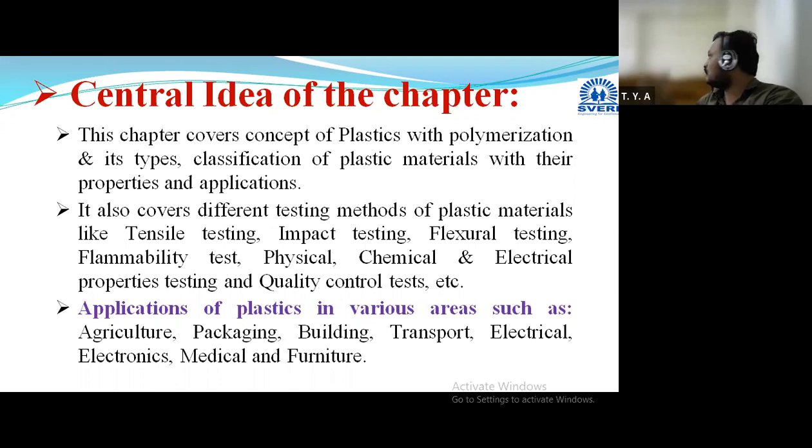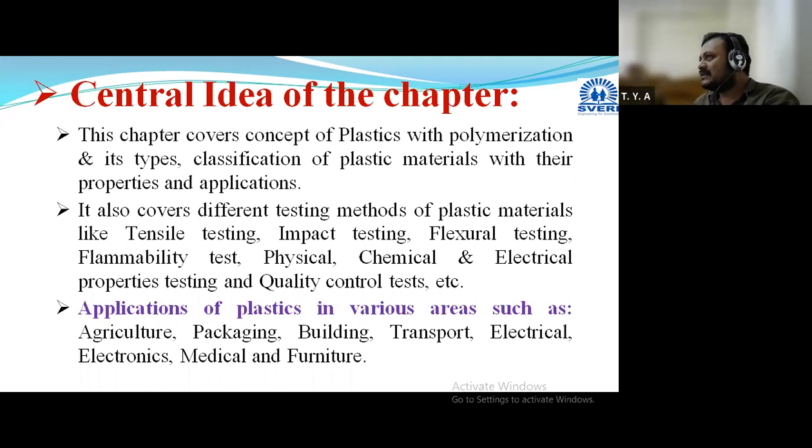Then how to do the testing of the plastic materials. Okay, as we have performed the testing of metals and their alloys, we have conducted tensile testing, impact testing in the metallurgy subject. We have conducted that for metals and their different alloys.